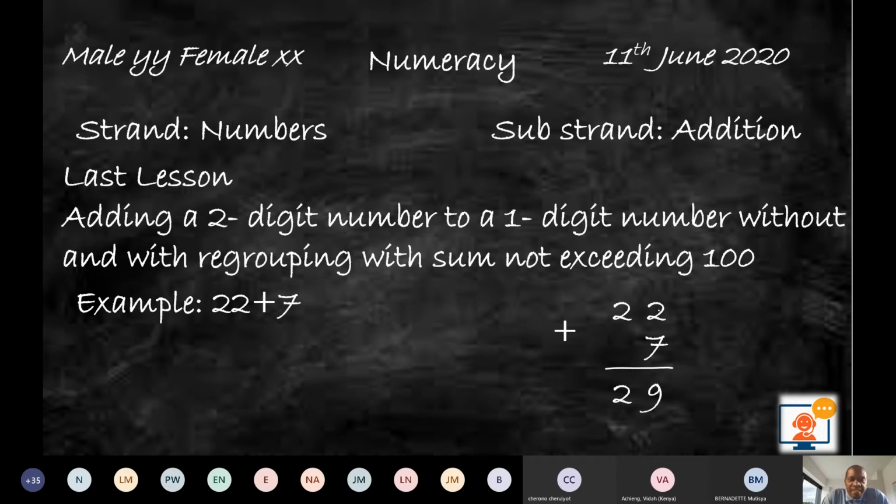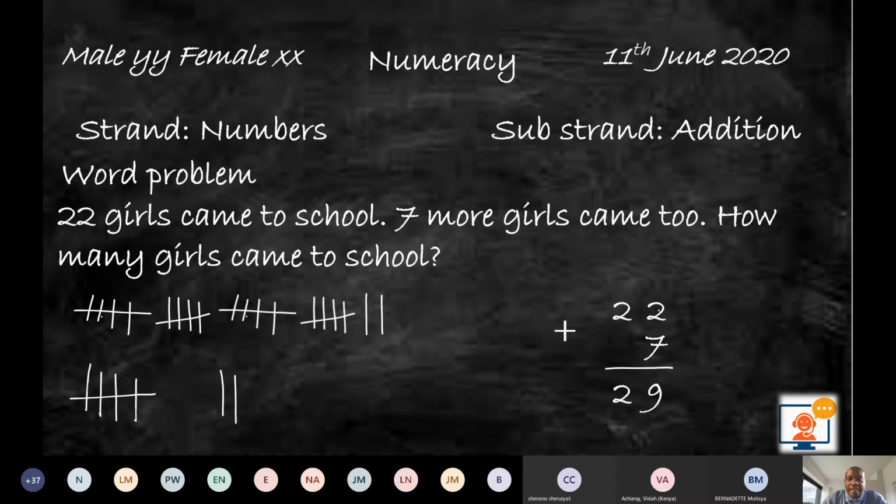So, for example, we did 22 plus 7 in the last class, and we got our answer to be 29. We also looked at a word problem in the last lesson. For example, 22 girls came to school and 7 more girls came to school. How many girls were in the school?